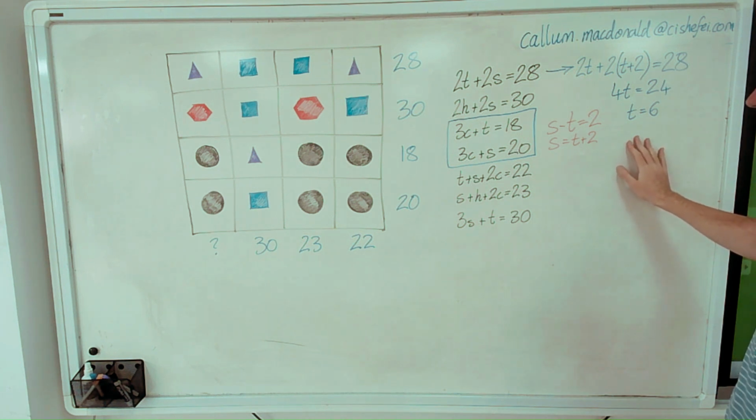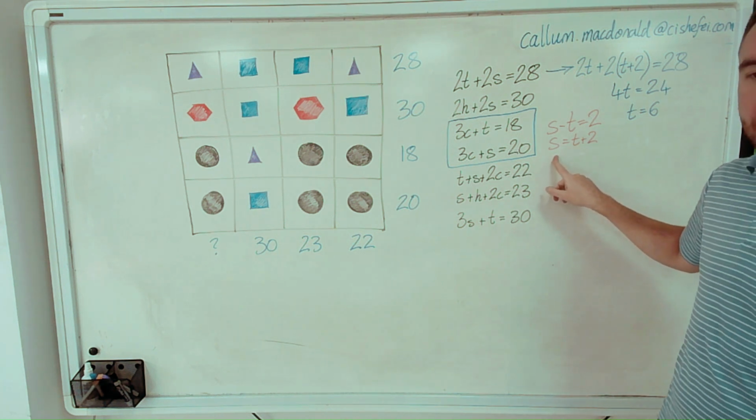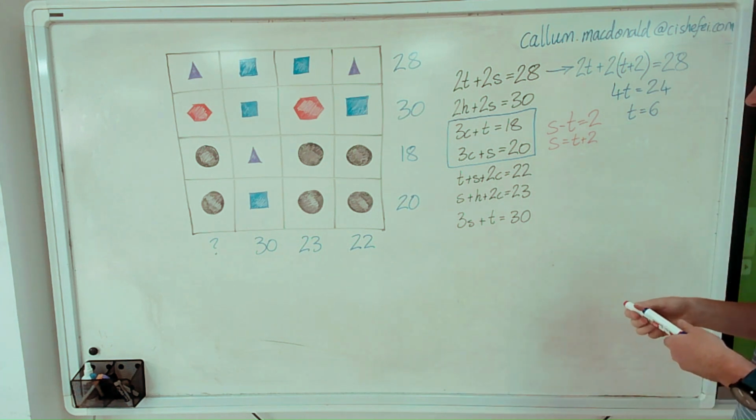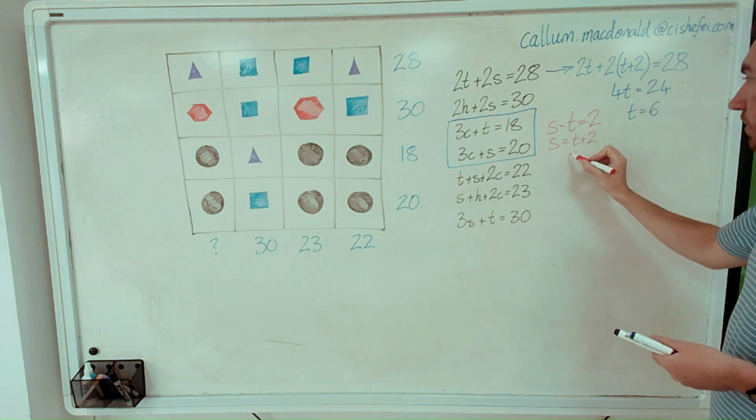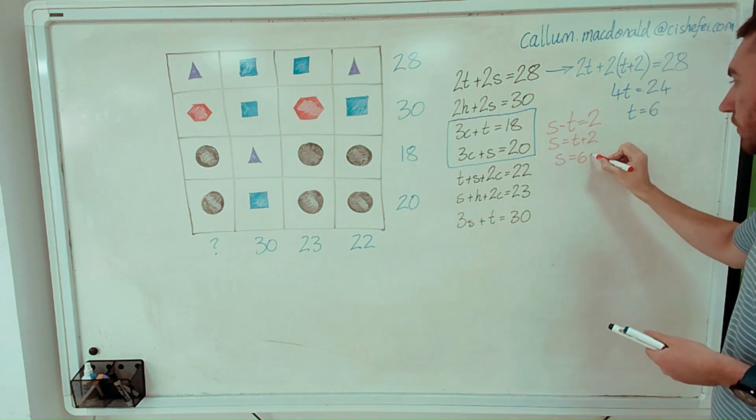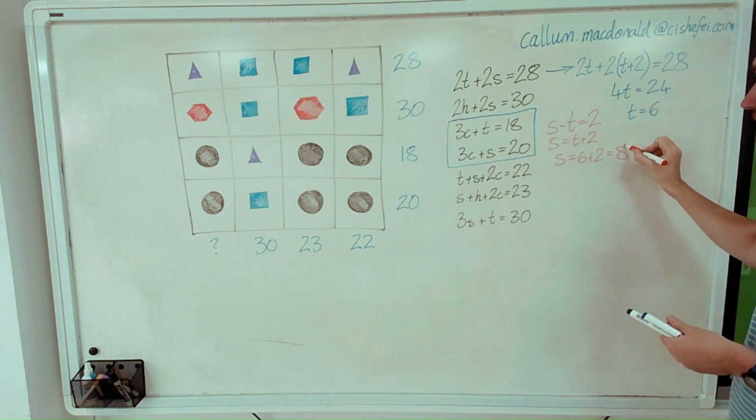Okay, so I get a triangle is equal to 6. Then I can solve for S, right? Because I know that S is 2 bigger than triangle. So now S is 6 plus 2, which is 8.